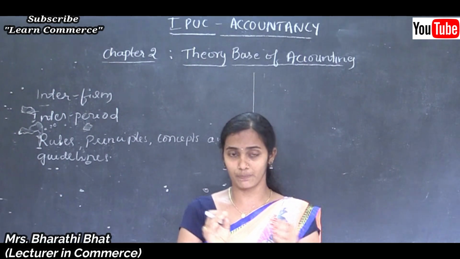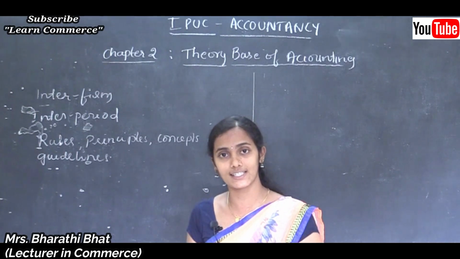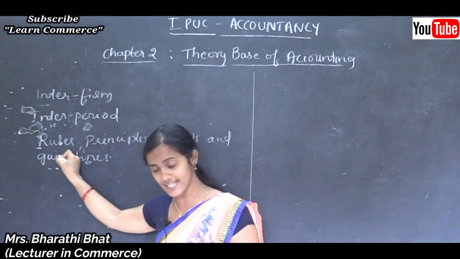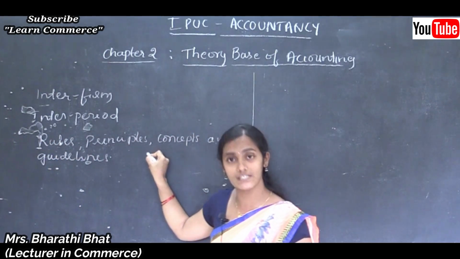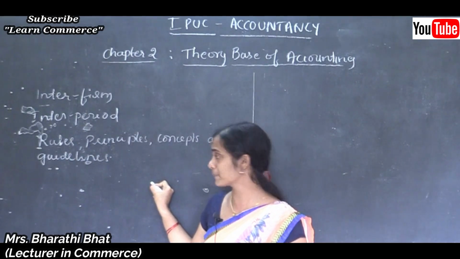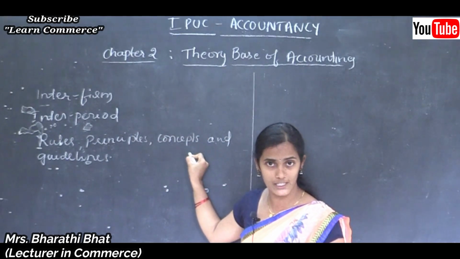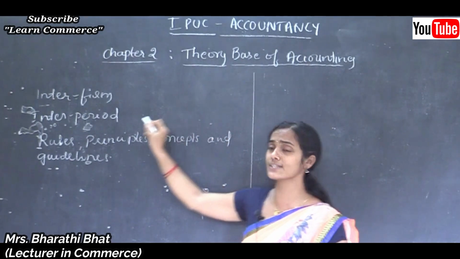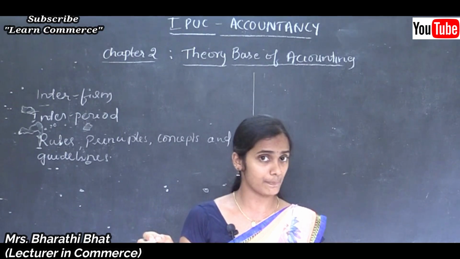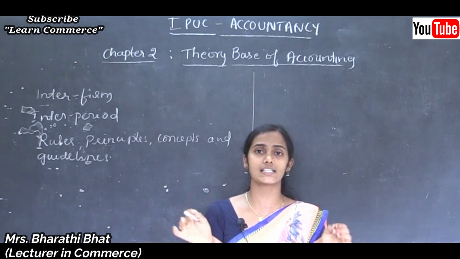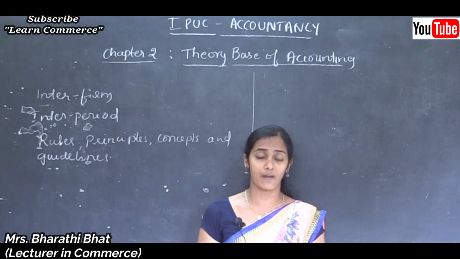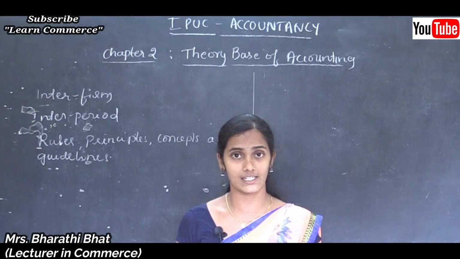To bring uniformity and consistency, we need to follow some rules to record transactions, some principles to record financial transactions and prepare financial statements, and some concepts, guidelines and assumptions. These have developed over time and are freely accepted by many professionals.